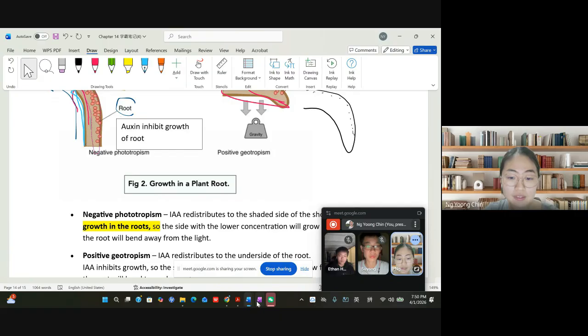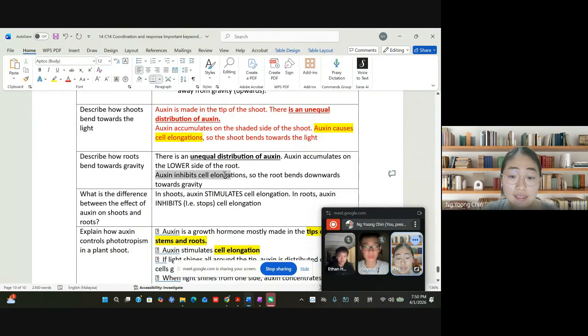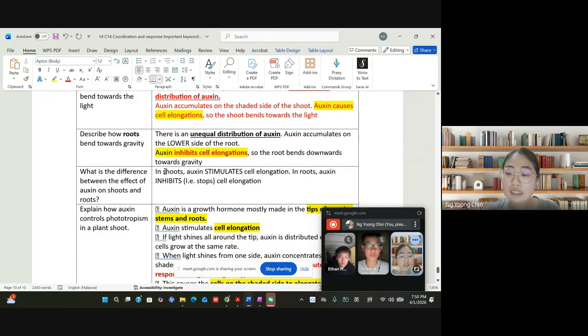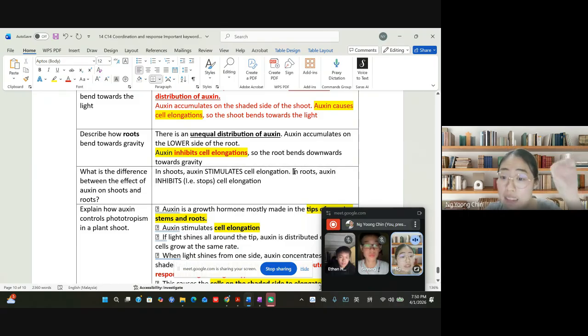Okay, we continue. So this is the point: auxins inhibit cell elongation. This happens in the roots. So that's why the roots bend toward gravity. So overall, in the shoot, auxins stimulate cell elongation, but in the roots, auxins inhibit cell elongation.